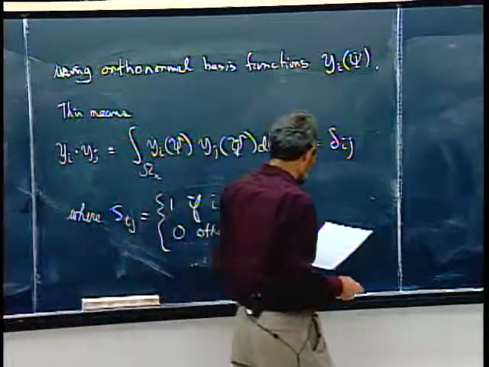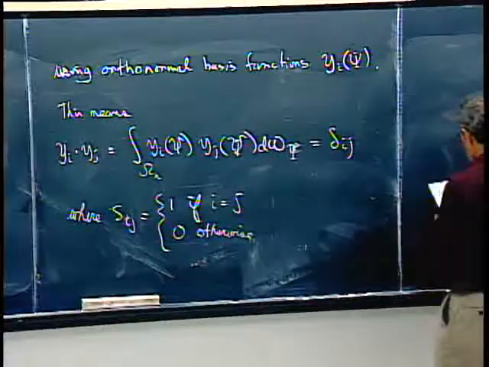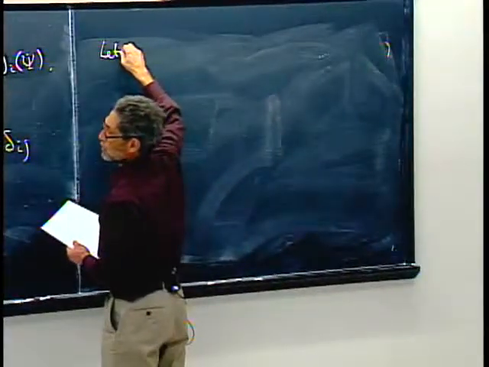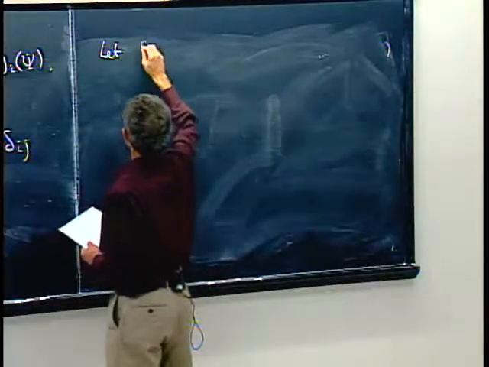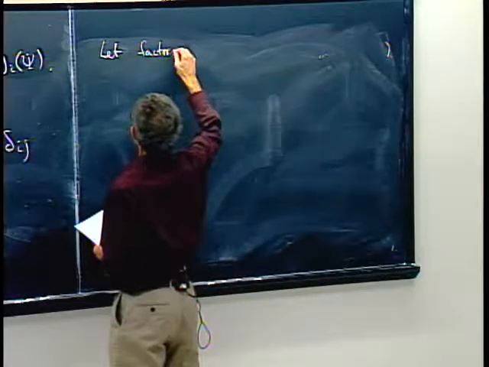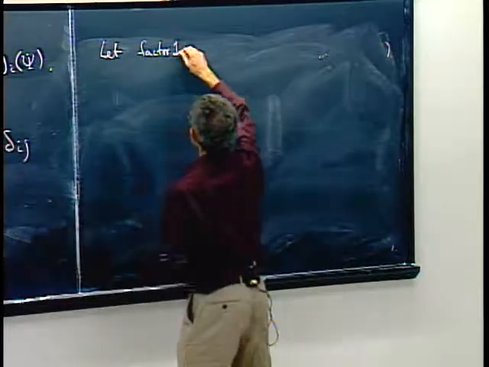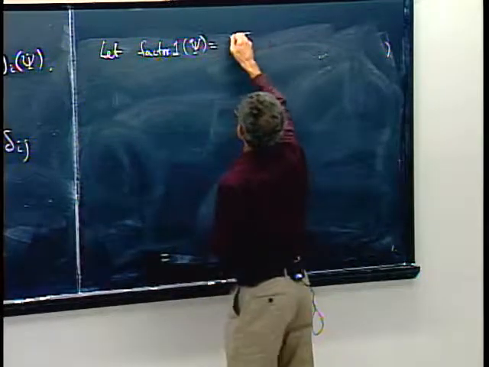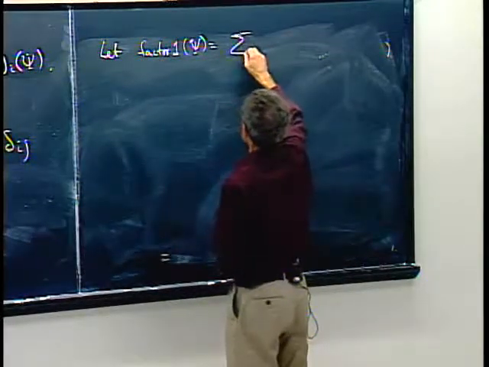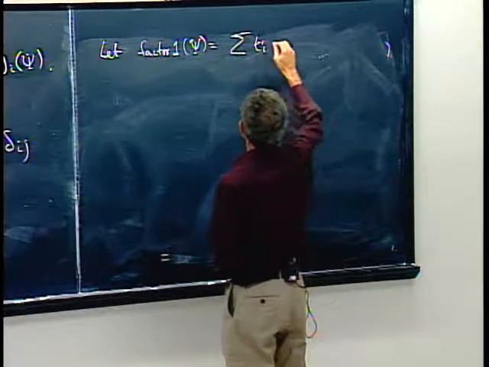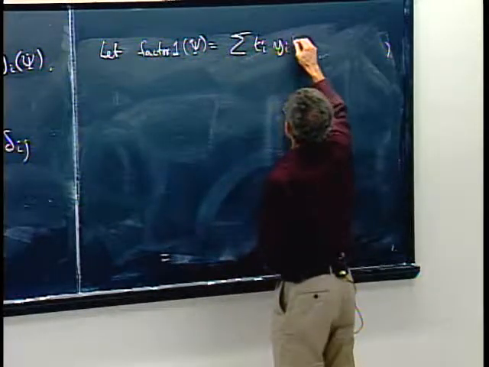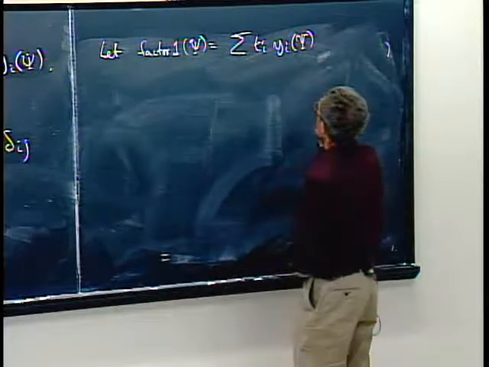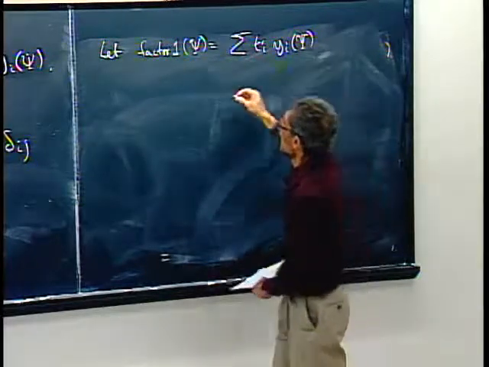Okay, so what we're going to do then is let factor 1 of psi equal the sum of coefficients ti times orthonormal basis functions of the angle.